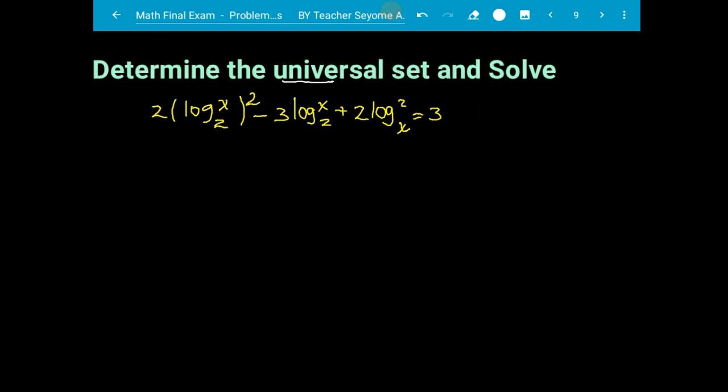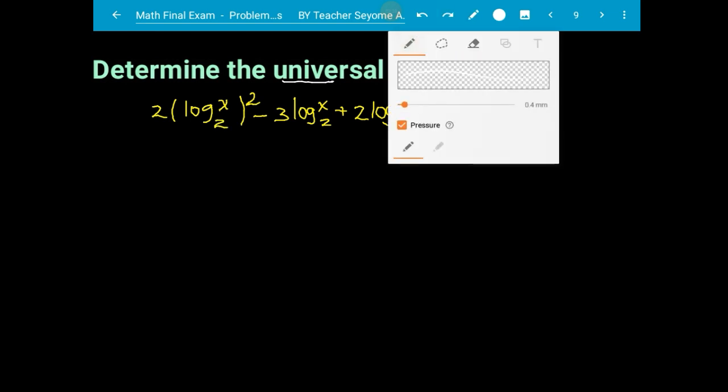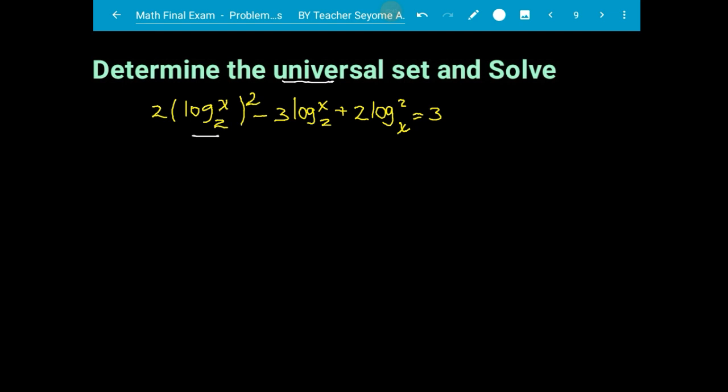To start solving this logarithm equation: log x the base 2, this also log x the base 2, but this one is log 2 the base x. So this one is different from the other two, you must adjust it first using base change. It will become log 2 over log x.